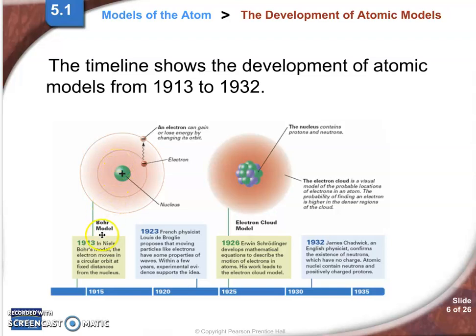After the Bohr model, scientists kept asking questions about the location of electrons. Now they understand that the nucleus, which is the center of the atom, has protons and neutrons. Neutrons have no charge, protons have positive charge.